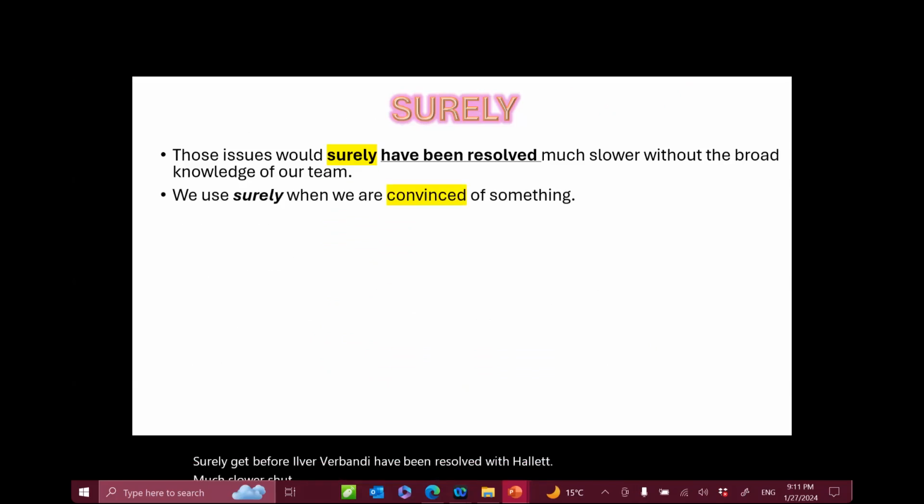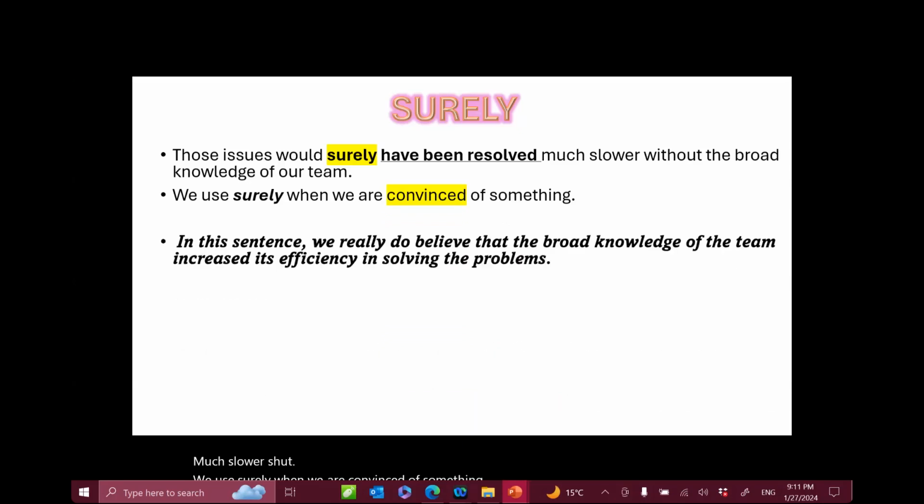We use surely when we are convinced of something. أنا متأكدة جدا مقتنعة بشيء جدا. Surely. Okay? In the sentence we really do believe that the broad knowledge of the team increased its efficiency in solving the problems. يعني I'm quite sure they could solve the problems.